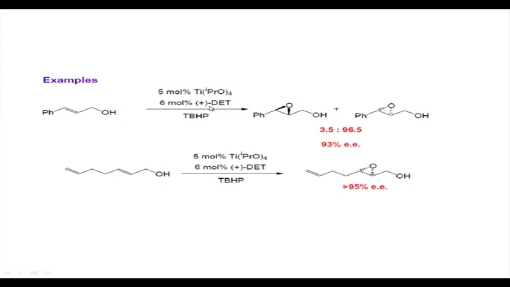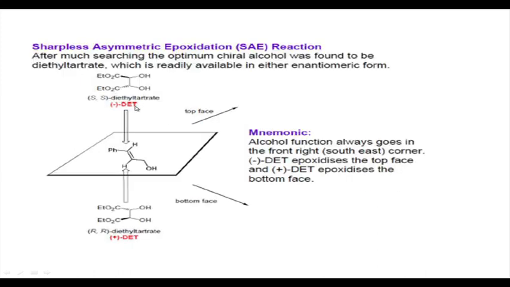They used 6 mole % plus diethyl tartarate, and here they used 6 mole % of this, which is minus. I think there is something wrong here. This should be minus diethyl tartarate, because the minus diethyl tartarate gives from the top face.